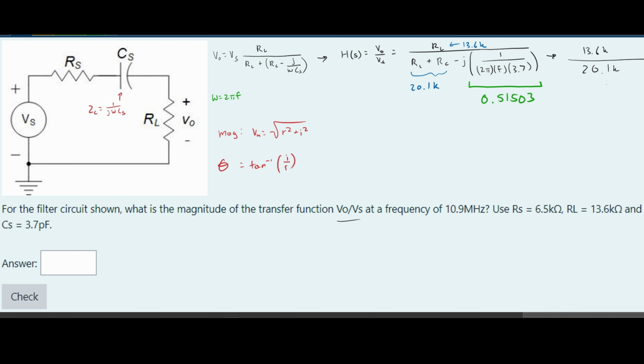It's so small, and you can see that if you plug it into a calculator. It's good to do that as well. From here, we could just cancel out the kilo ohms, and then divide 13.6 by 20.1. If we do so, we're going to get 0.67662 as our answer. And that's how we would look about solving for something that looks like this and this exact problem.